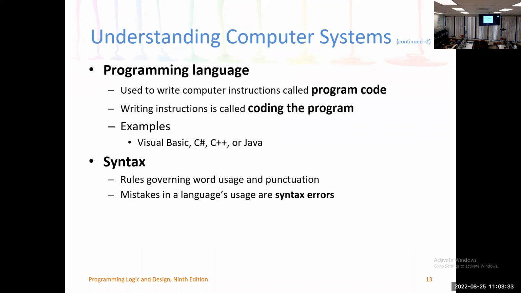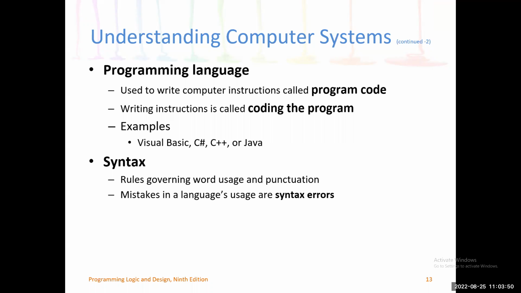And so you have two types of errors in a program: syntax error, right? And logic error. What's the difference between syntax and logic here? Any of you? Yeah. Syntax is based off of the language.